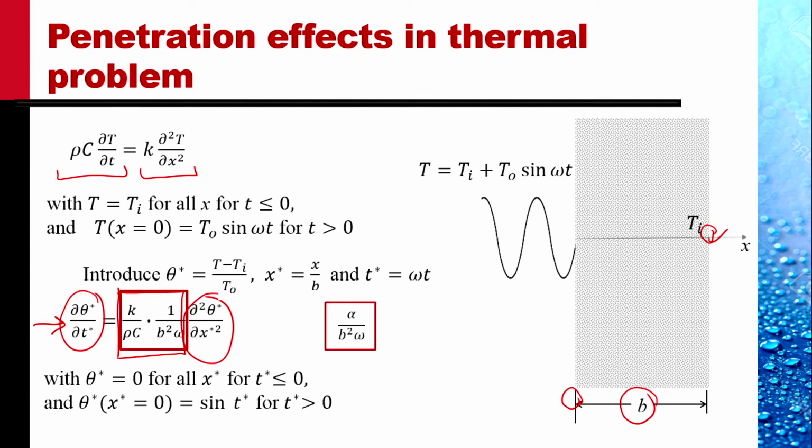This coefficient in terms of the thermal diffusivity alpha, which is K by rho C, becomes alpha divided by B square omega. So this is the parameter that determines the relative importance of the two terms.